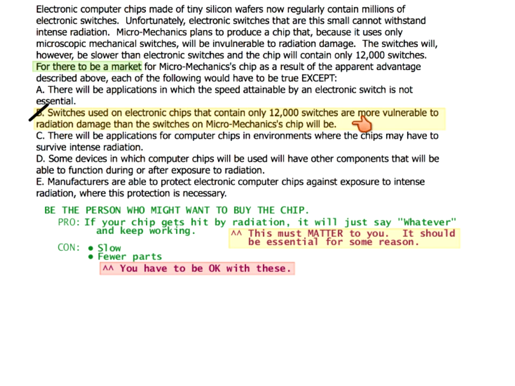Like if B was false, then I would just buy the chips that are already on the market rather than this new weird one. And then C is also a thing because C says there might be radiation in the first place. If there is not, then I don't care about this fancy trait of these chips. Now, what about D? What does D mean?